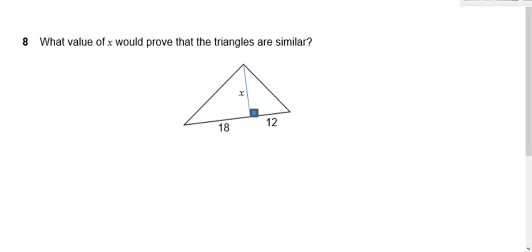This question came from section 12.4, the last lesson of the framework. It says that the segment in the middle, squared, is equal to the two pieces multiplied together.